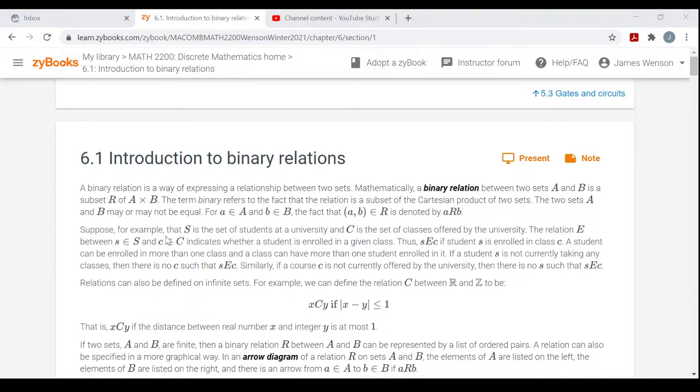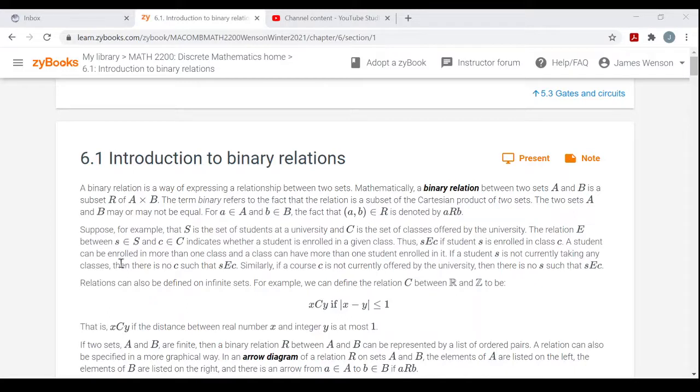Suppose, for example, that S is the set of students at a university, and C is the set of classes offered by the university. The relation called E, instead of R, between S and C indicates whether a student is enrolled in a given class. So if they said sEc, that would mean that student s is enrolled in class c.